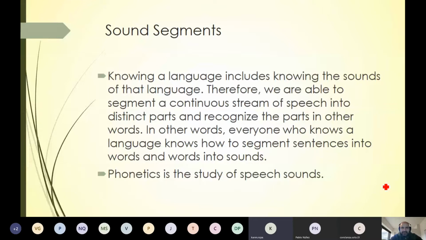Thank you so much. So, segment a continuous stream of speech implies that you can divide, you can find the boundaries, right?